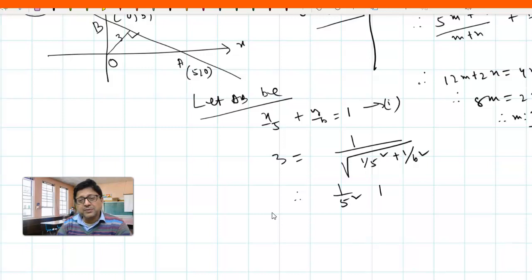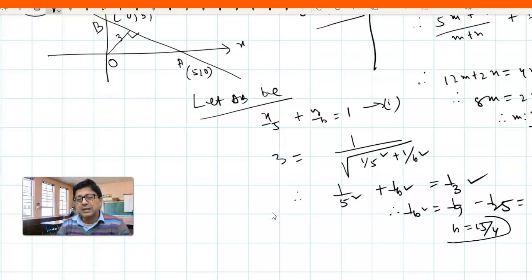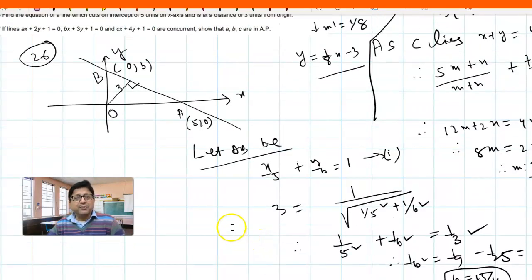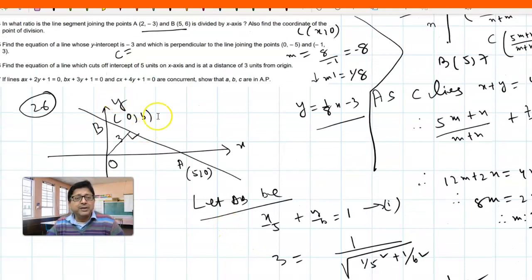So 1 by 5 square plus 1 by b square is 1 by 3 square. That gives 1 by 9 minus 1 by 25. 9 into 25, 225. 25 minus 9, 16. So b is going to be 15 by 4. And by putting b here, we can get the equation. That's to find the equation of the line only.